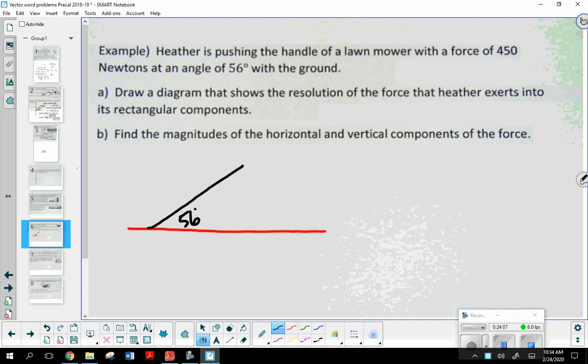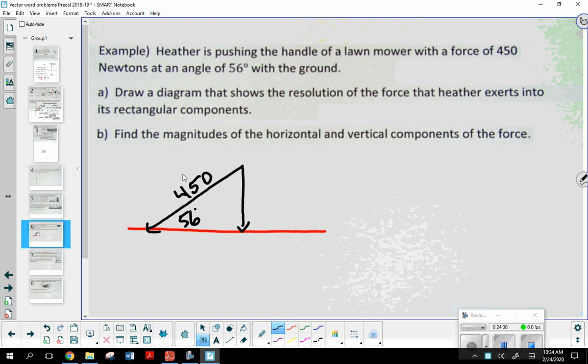Okay, so what we're asking is, where would the arrowhead be? Would it be right here or would it be up here? That's exactly right. And then we want to go ahead and draw the right triangle. But you can go ahead and put in the 450 newtons. Okay. So then you have the vertical.